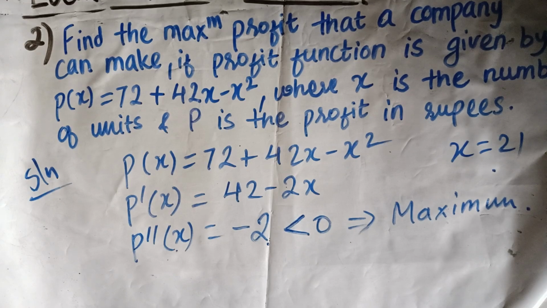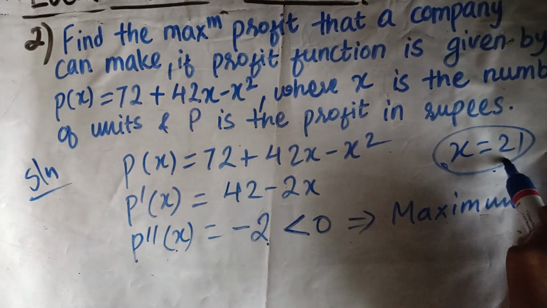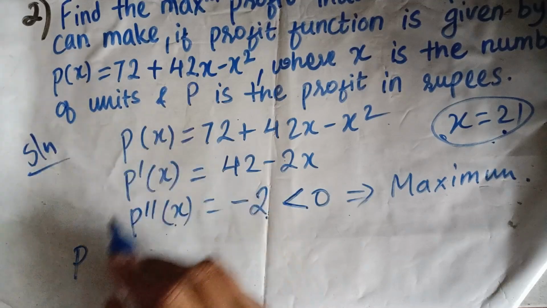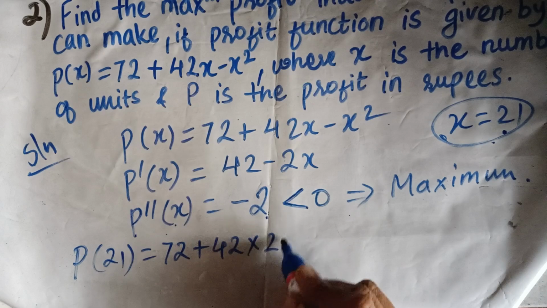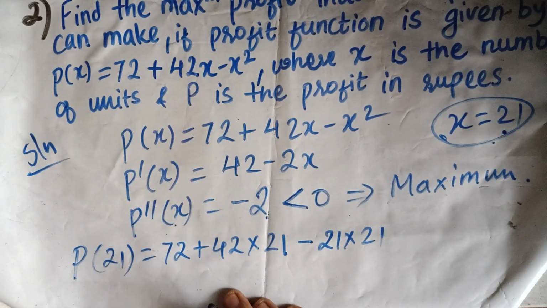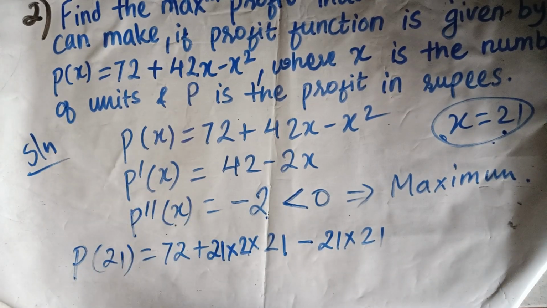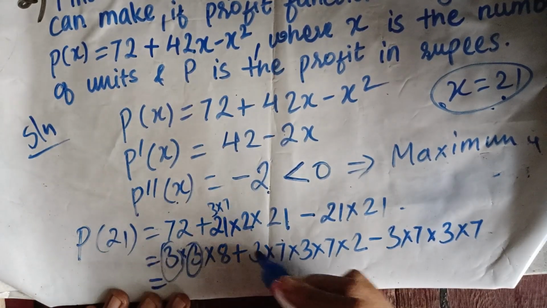So your function is maximum at the point x equal to 21. Now we can find the maximum value. That is, you have to put that x in P of x. 42 is 21 into 2. So here I can write 21 into 2. For the rest, we can take common 3 square.